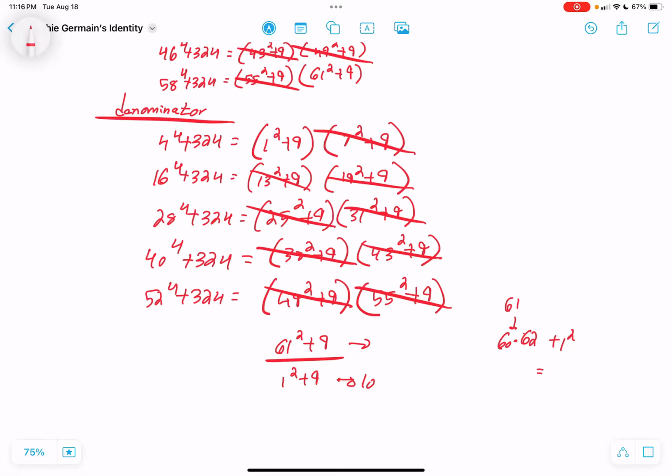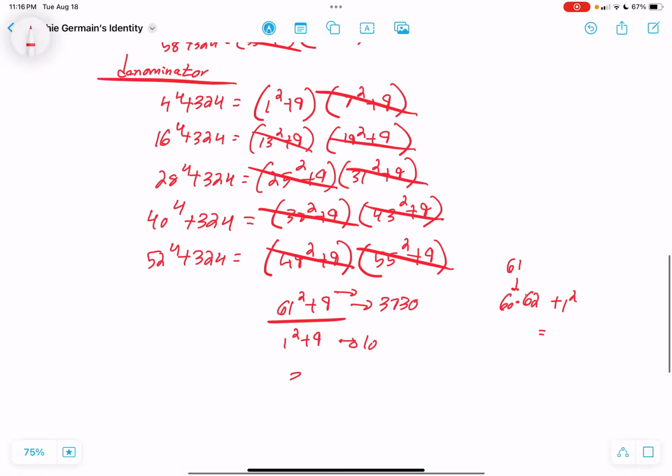And now I can do this in my head. 60 times 60 is 3,600. Plus 120 is going to be 3,720. Plus 1 is going to be 3,721. And then don't forget I still have a 9 here. So that's going to be 3,730. So now look at how nice this is. I have 3,730 over 10, which equals 373.